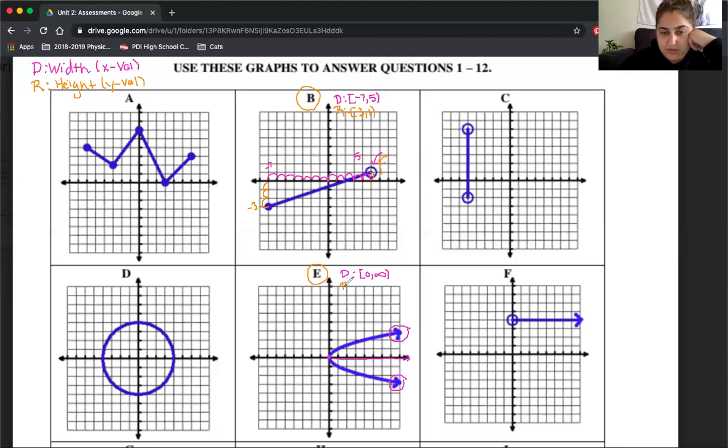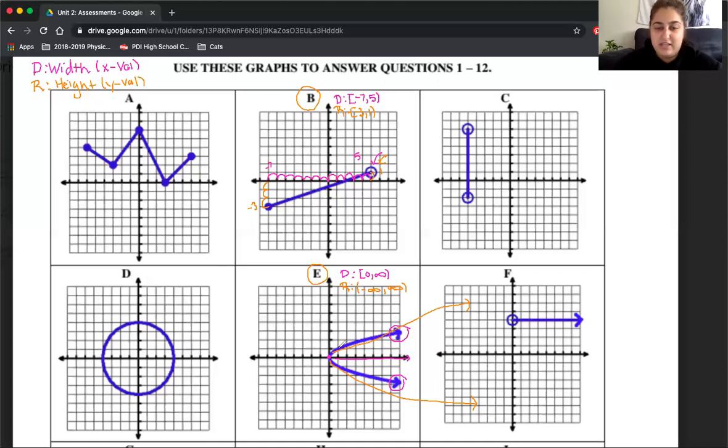And our range, right, so this keeps going up, up, up, and it will keep getting higher. So the y values will keep increasing. And then this side, it will keep getting lower. So the y values will keep decreasing. So when I write this, I'm going to write from -infinity to positive infinity.